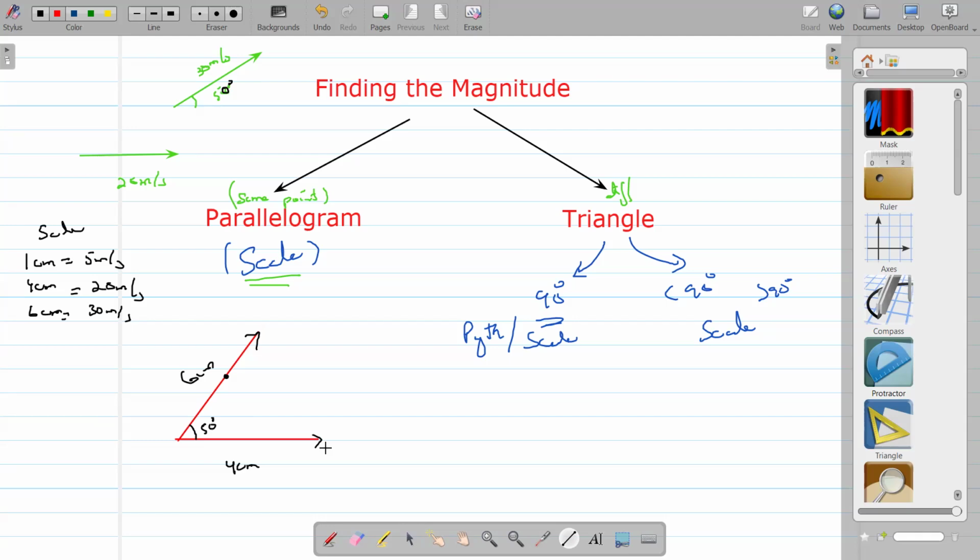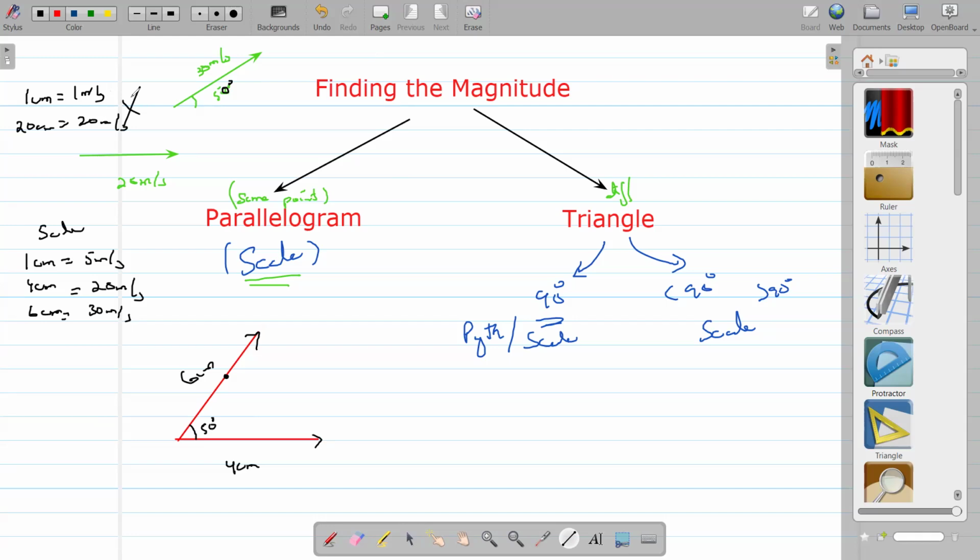How do we make a scale? You have to select a suitable scale. For example, if one student selected the scale that 1 centimeter is 1 meter per second, then 20 meters per second will be 20 centimeters. That is not a suitable scale, because normally the ruler you are using is about 14 to 15 centimeters long.